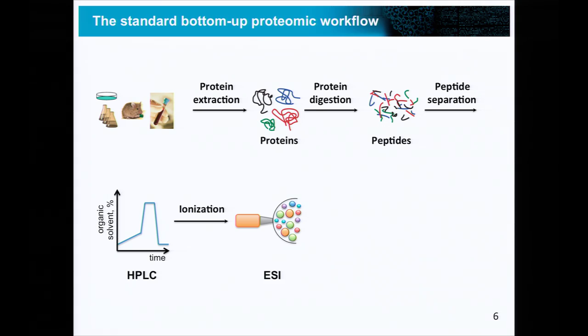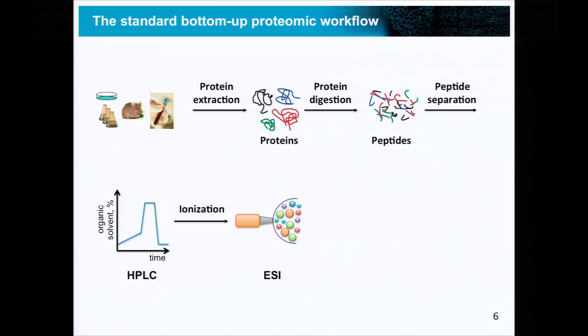Okay, so now let's go a little bit more into detail how SRM really works. And what you see here, you have probably seen in many presentations of proteomics before. It's what I call the standard bottom-up proteomic workflow. In all our projects, we usually start with some kind of sample that contains proteins, and the workflow is always to first extract the proteins and digest them into peptides.